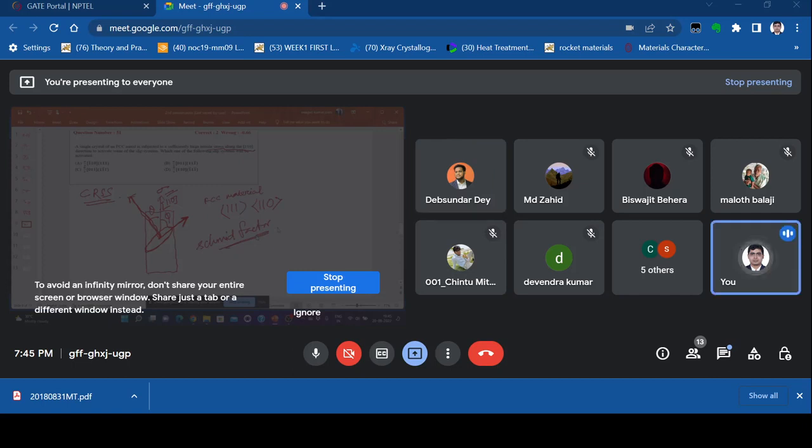It should not be 0. It should be the highest value. Here cos theta cos phi is our Schmid factor.